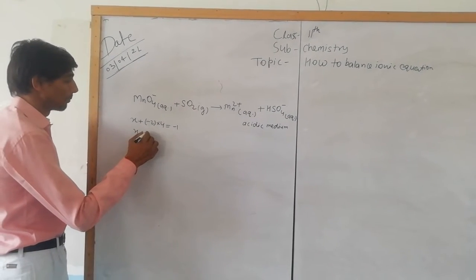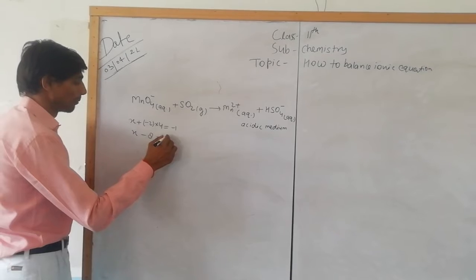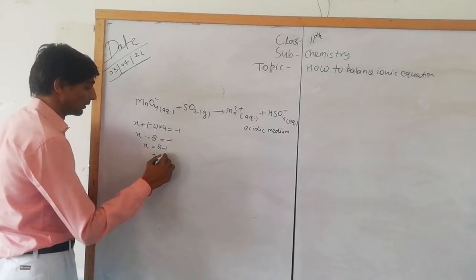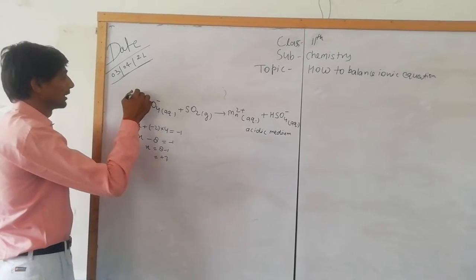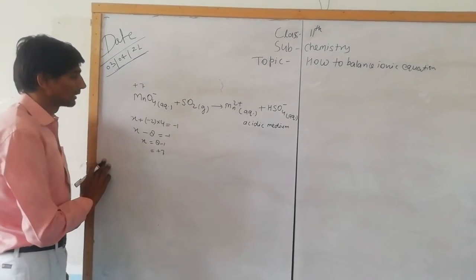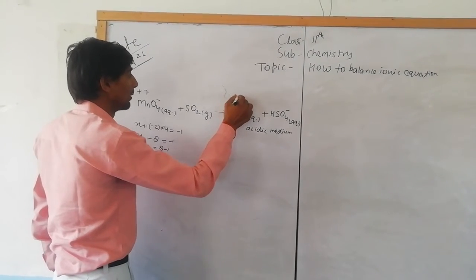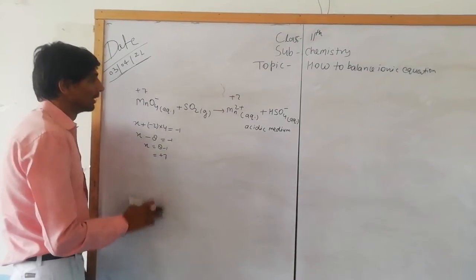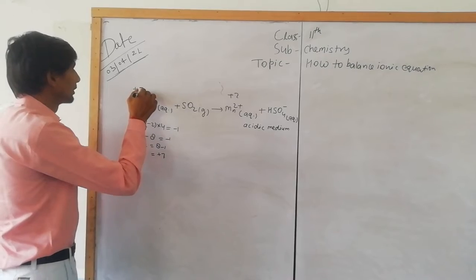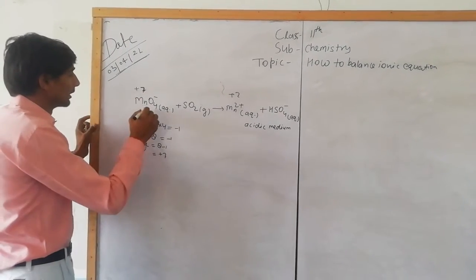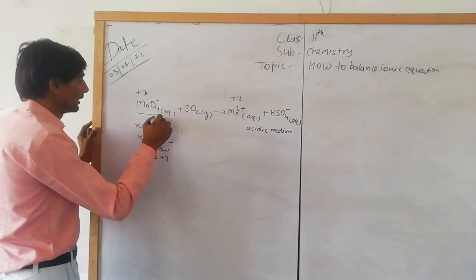X minus 8 equals -1, so X equals 8 minus 1, which is plus 7. Here the oxidation number of Mn is plus 7. Here the oxidation number of Mn is plus 2. A decrease in oxidation number indicates this substance is reduced.